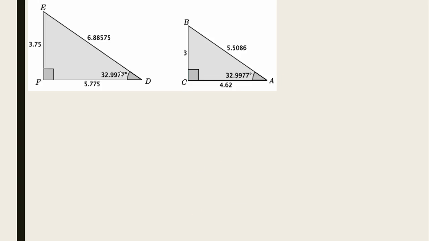So let's have a look at these two right triangles. They look very similar, and we want to show, well, are they in fact similar? Well, we have that they both have a 90-degree angle, and they both have the angle 32.9977. So by the angle-angle criterion, they must be similar.